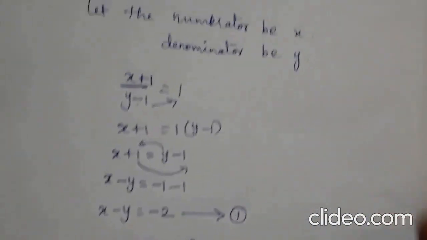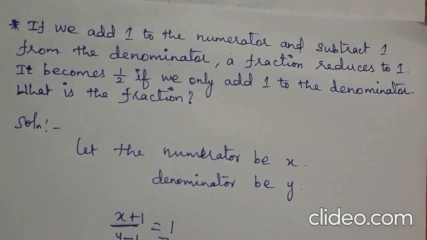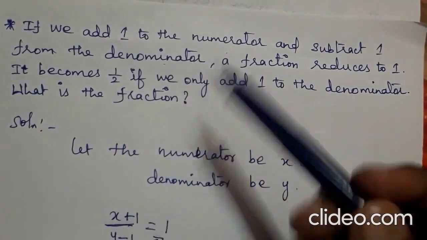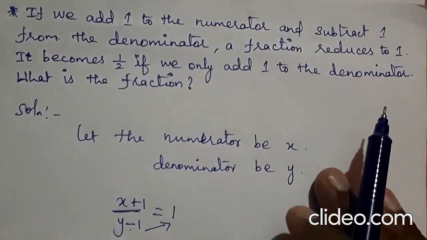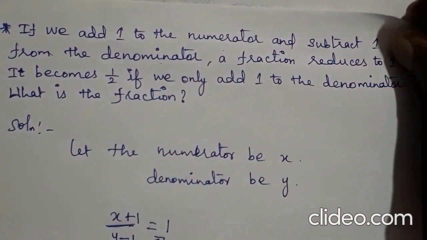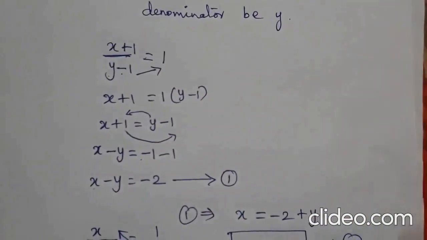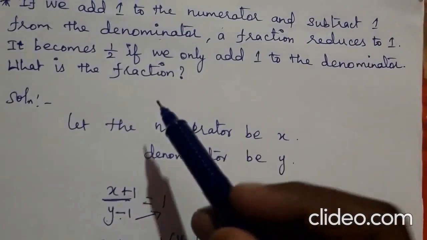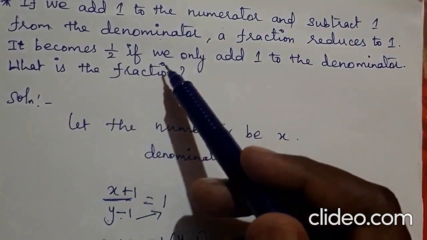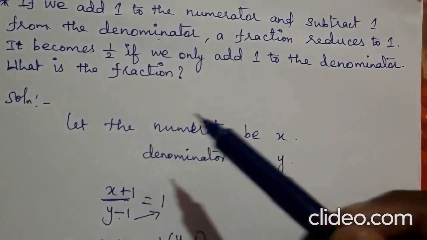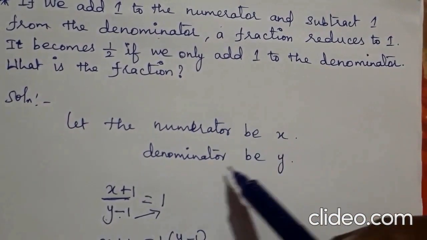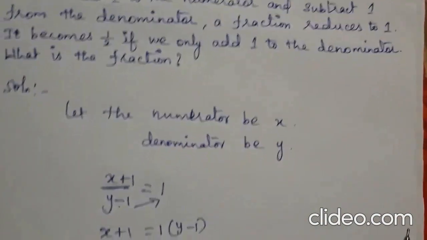So first, from the statement we are going to make the equations according to the conditions given in the question. What we are going to find: here, what is the fraction? They are asking what the fraction is. Let the fraction be x and y, that is, numerator be x and denominator be y.